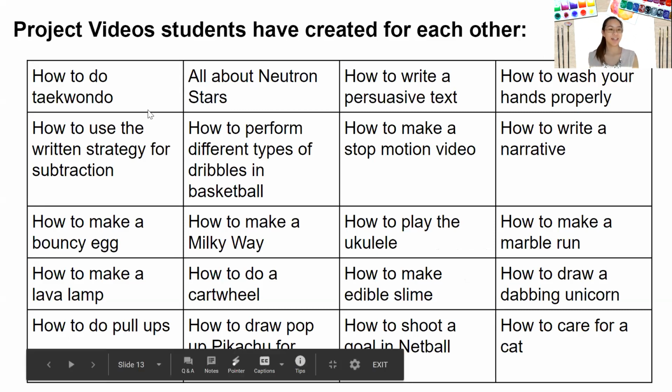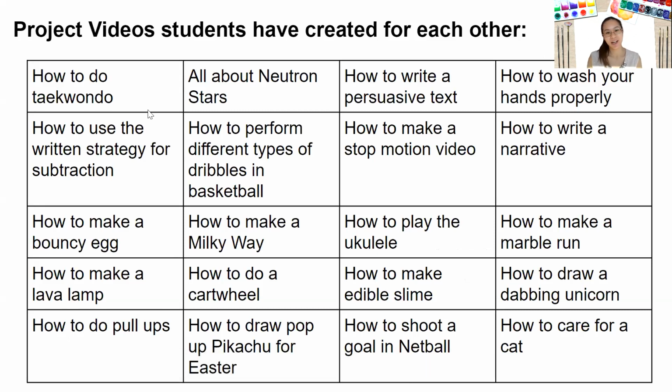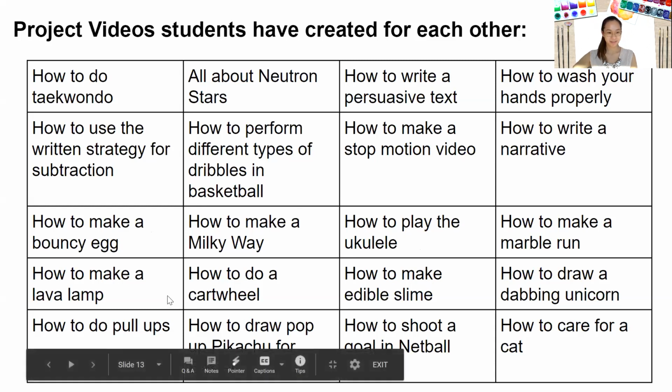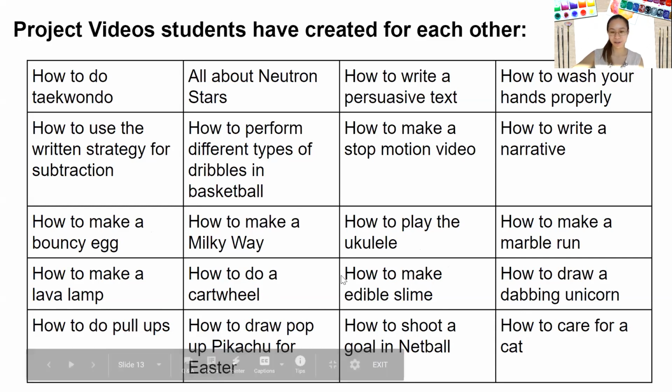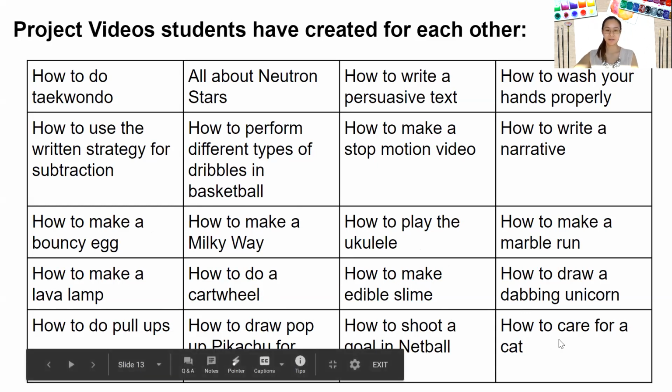So I had kids do how to do Taekwondo, all about neutron stars, how to write a persuasive text, how to wash your hands properly, how to use the written strategy for subtraction, how to perform different types of dribbles in basketball, how to make a stop motion video, narrative, bouncy egg, Milky Way, how to play ukulele, how to make a marble run, how to make a lava lamp, how to do a cartwheel, how to make edible slime, how to draw a dabbing unicorn, how to do pull-ups, how to draw pop-up Pikachu for Easter, how to shoot a goal in netball, how to care for a cat, and the list goes on.